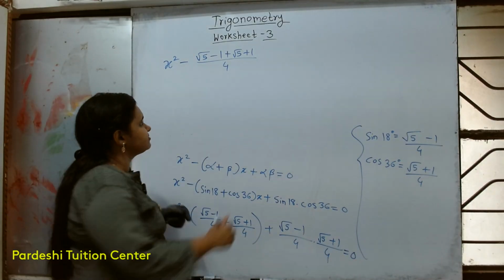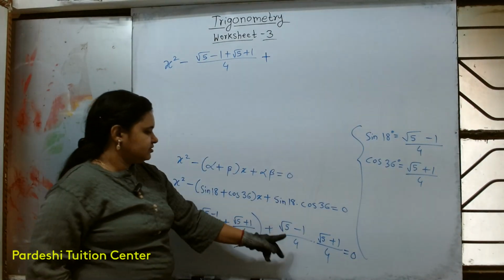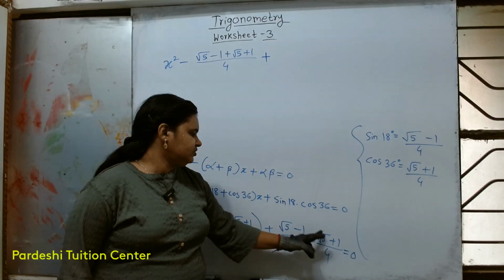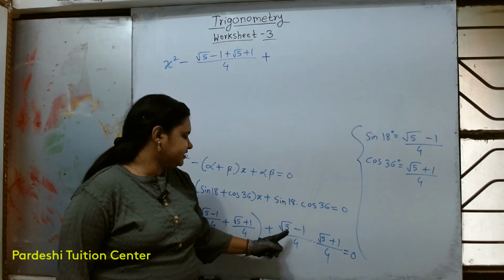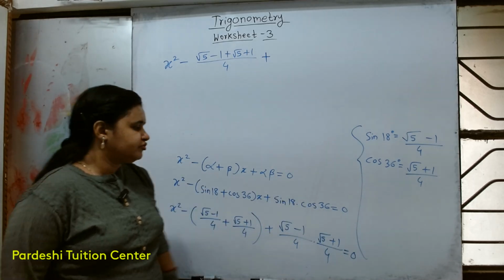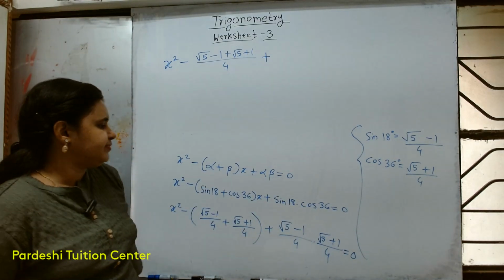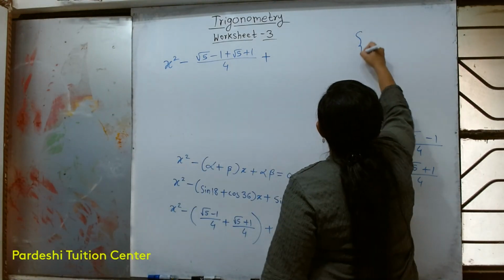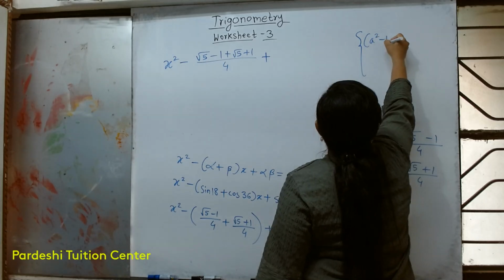Now plus, here you can see it is root 5 minus 1 into root 5 plus 1. If I take root 5 as a and 1 as b, it is a minus b, a plus b. The formula for a plus b, a minus b is a square minus b square.